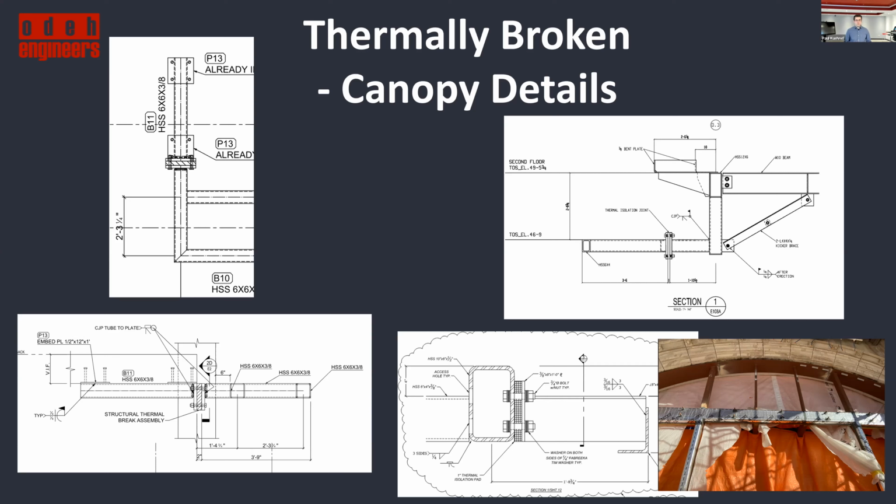Obviously, when they come to install the storefront and they've got this big end plated splice connection to attach to, you might run into some problems. So whether you're delegating that responsibility or not, it's important to make sure you're giving the bounds of what needs to be achieved with other trades.